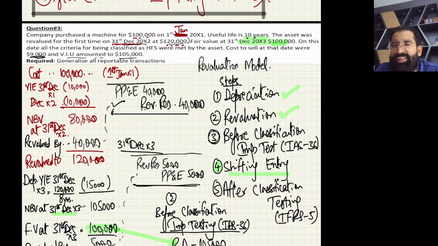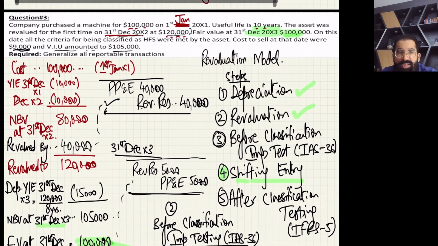Then do all the previous steps I taught you in the cost model: impairment testing before classification using IAS 36, then the shifting entry, then impairment testing after classification using IFRS 5. That's it. If you still want to go through the question, you may. Please check the question.